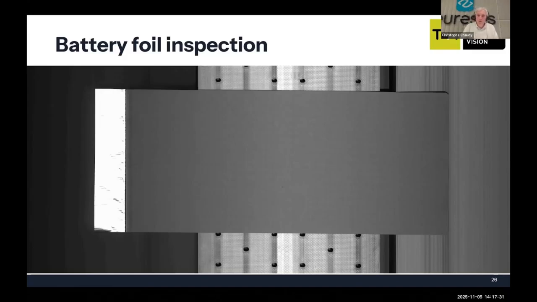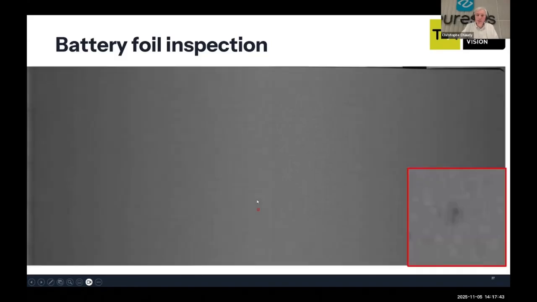For example, that's carbon-coated copper foil. That's, I think, a 24 megapixel image, and there is a small black dot in the middle of the foil here. So that's typically what EasySpotDetector is good at: detecting small and faint defects in large and noisy images.